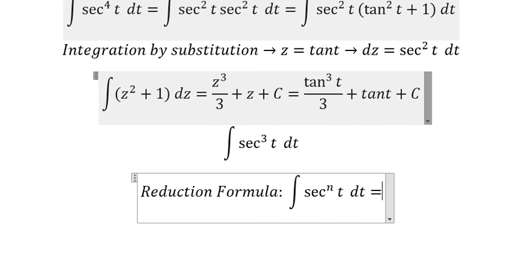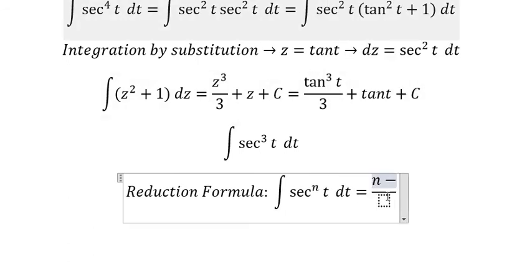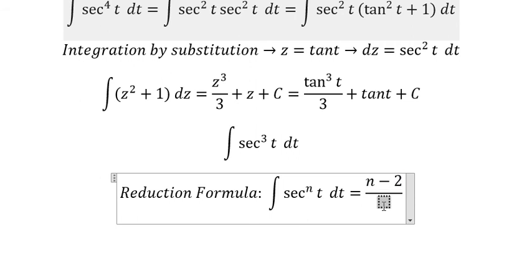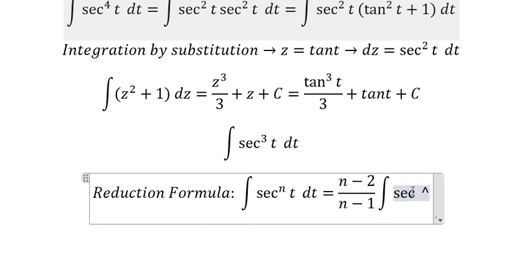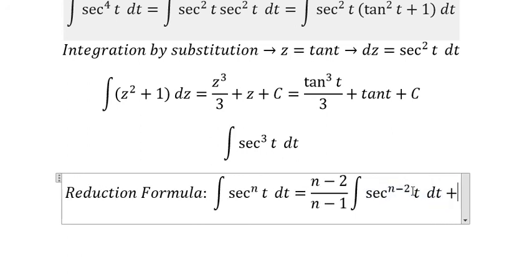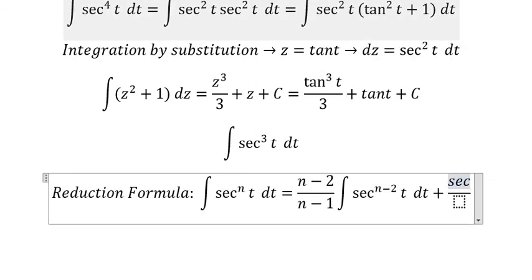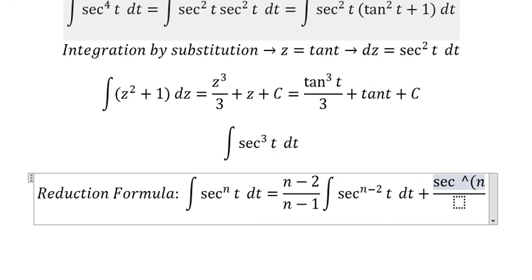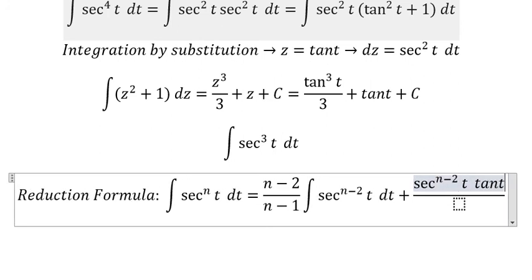So we got n minus number 2 over n minus number 1, and we have the integral of secant of t to the power of n minus number 2 dt plus secant of t to the power of n minus 2 multiplied with tan t, and we have n minus number 2.